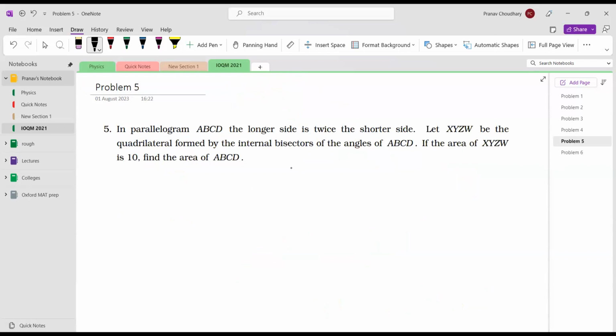Oh, this is one of my favorite questions in the test. I like this. In parallelogram ABCD, the longer side is twice the shorter side.